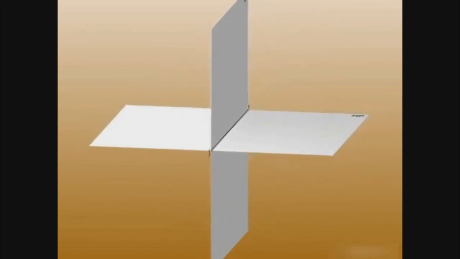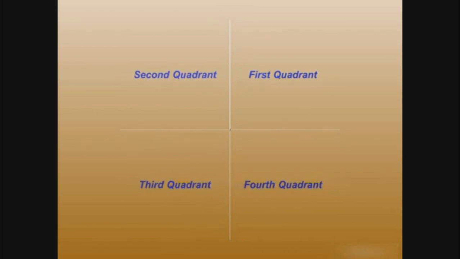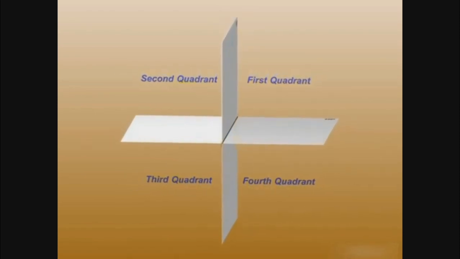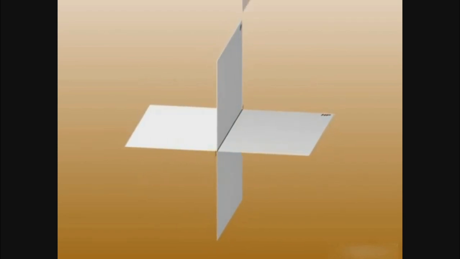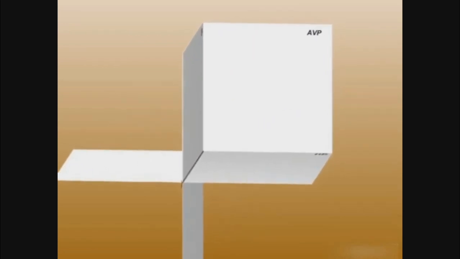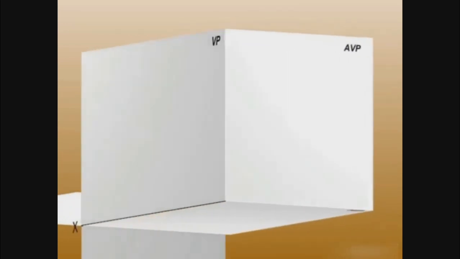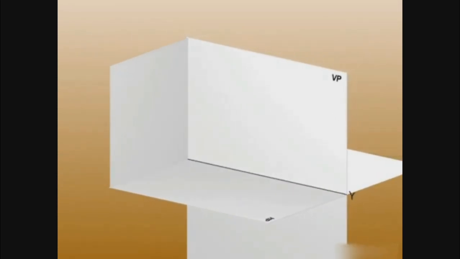These intersecting planes create four quadrants named first, second, third and fourth in anti-clockwise direction. There is one more plane known as auxiliary vertical plane AVP or profile plane PP. We use AVP when the view is from the left side or the right side of the object.